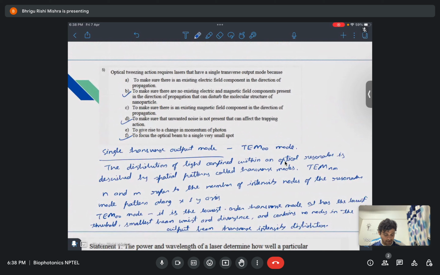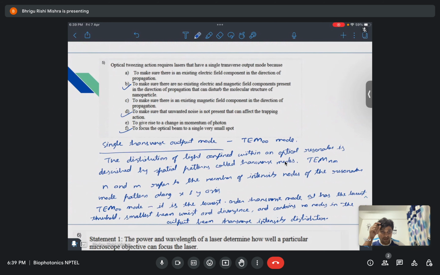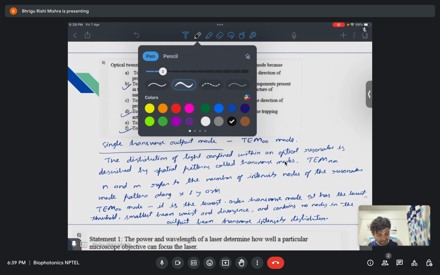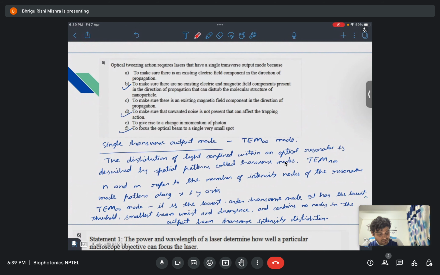So the main important thing is this smallest beam width and divergence, so that you can get a very small spot. So the spot made by this TM00 mode is like this.